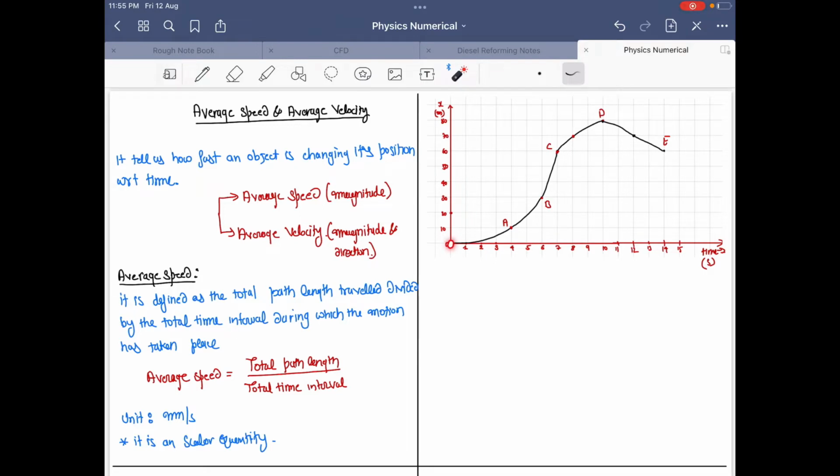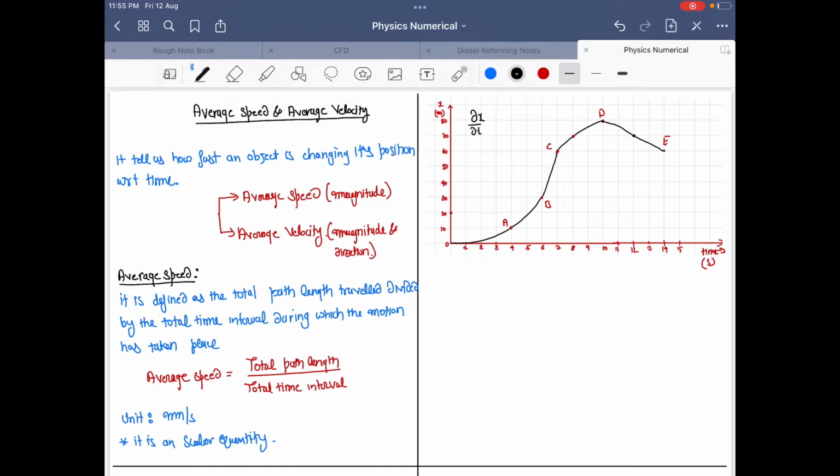An object initially, that is time t equal to 0, is at this point. As the time progressed, it started moving to point A, then point B, then point C, and then to point E.